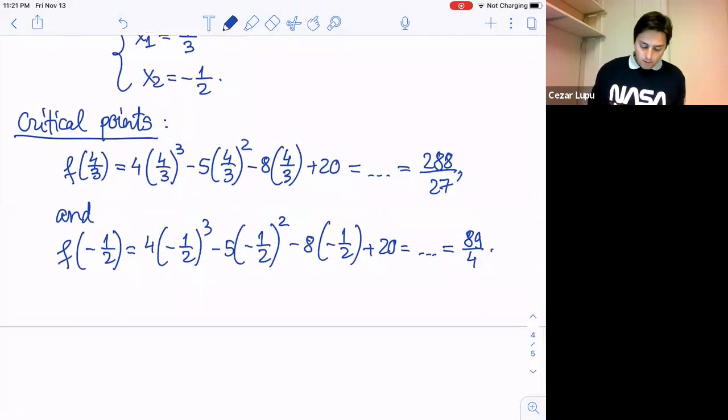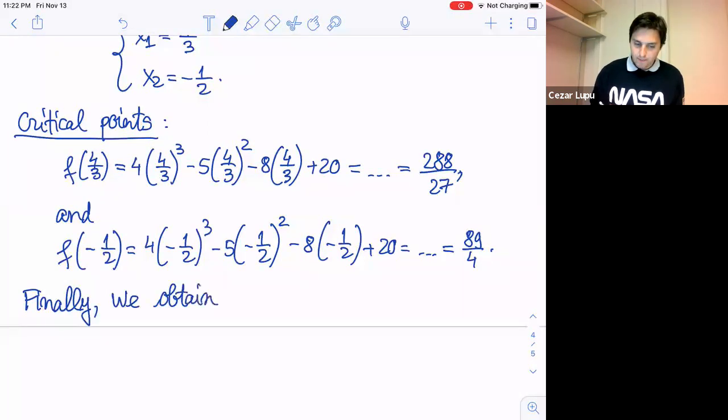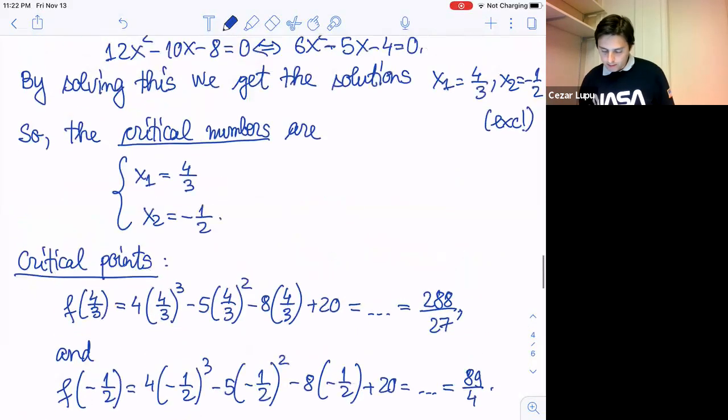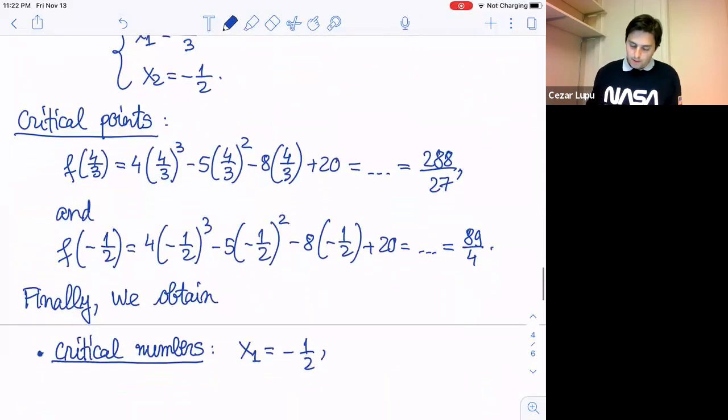So finally, to summarize all this, we obtain that the critical numbers are x1 is 4 over 3, and x2 is negative 1/2.